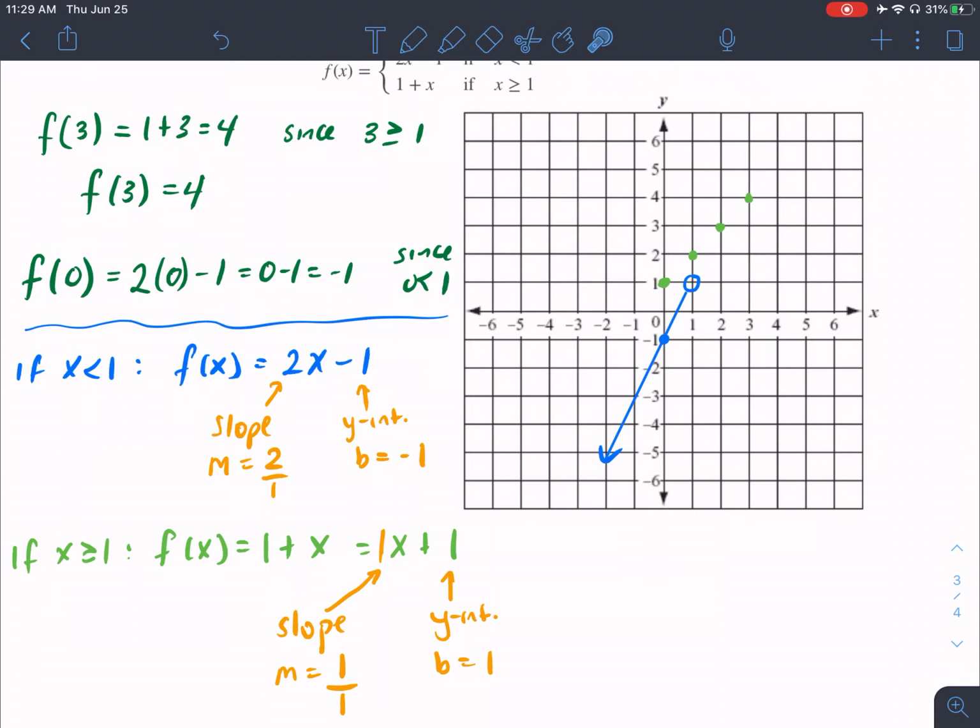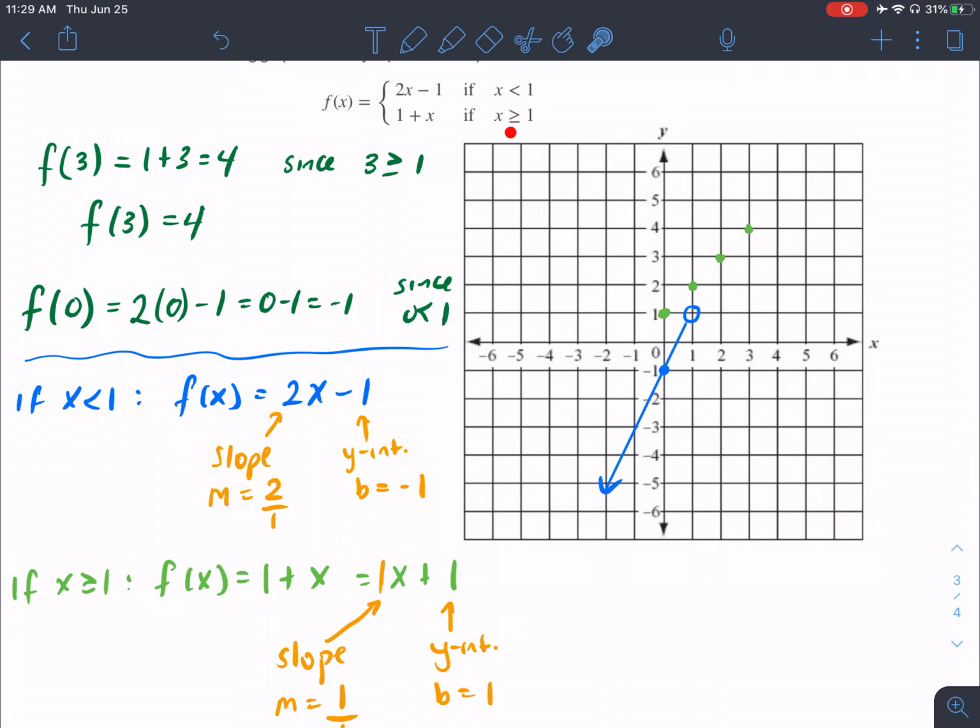Now here, though, we are only going to graph it for x values greater than or equal to 1. So I don't want to use anything that's less than 1, right? So I'm going to exclude this x value. And do I do an open circle or a closed circle at 1? Well, because you have equality, 1 is part of an input value here, so I'm going to leave it as a closed point.